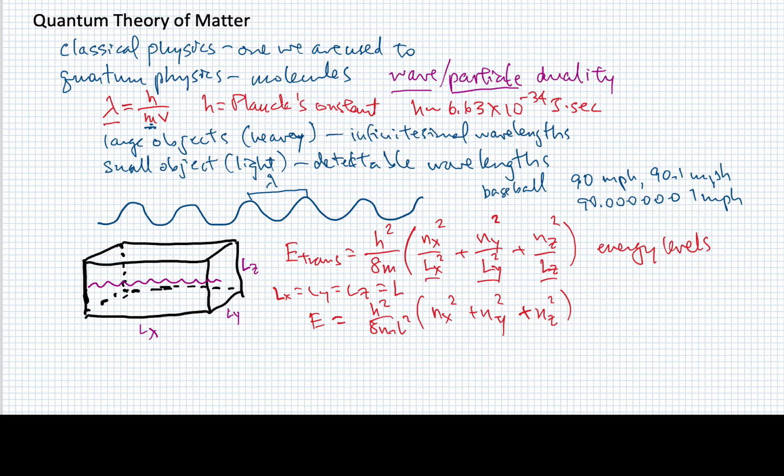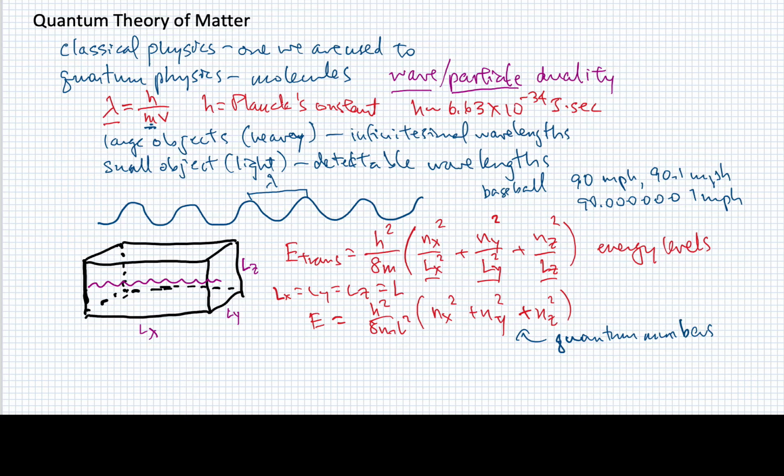So what are these 3 integers? Where did they come from? These are what we call quantum numbers. And these quantum numbers are the ones that basically dictate exactly what energy we're talking about. So you can see that the energy here is in fact a function of these 3 quantum numbers, as well as a function of the dimensions of the box and the mass of the particles.